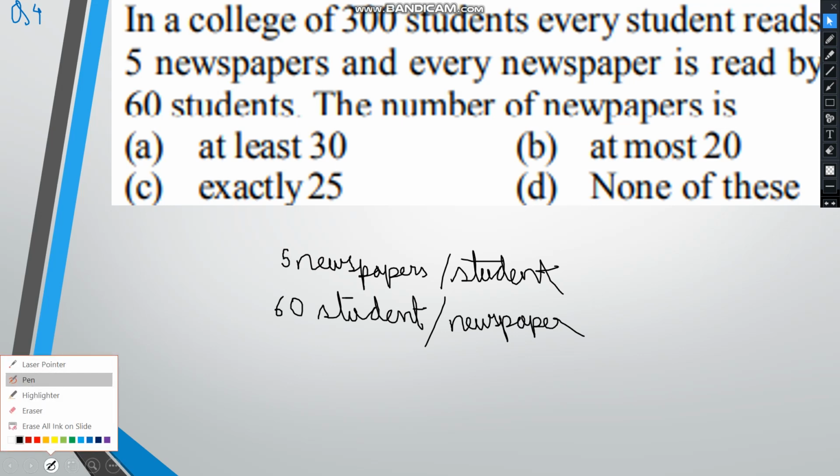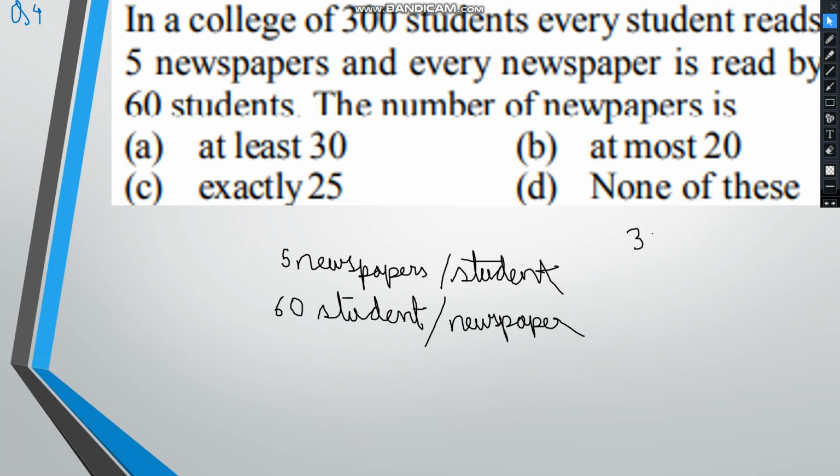Now what we can do is analyze this. There are 300 students after all. Let there be one newspaper, N1. It is read by 60 students.